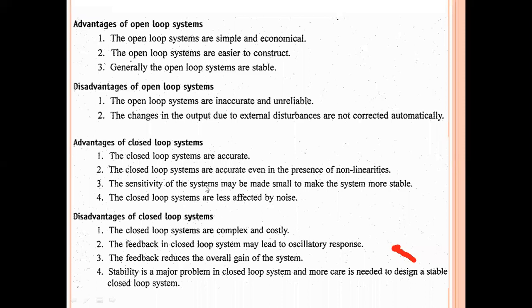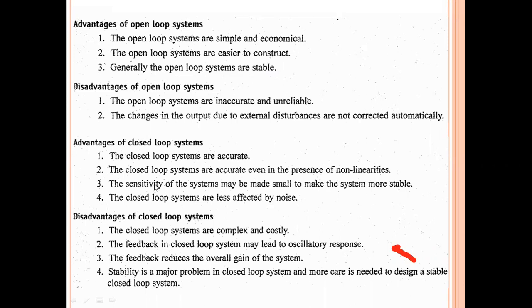And the third one, the sensitivity of the system may be made small to make the system more stable. Generally, we have discussed that open loop control systems are comparatively more stable than closed loop systems.